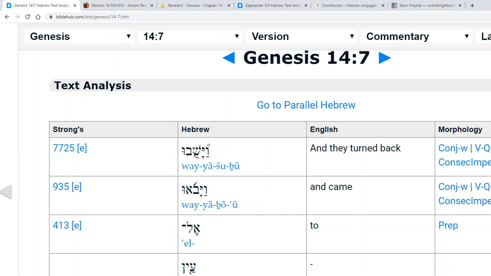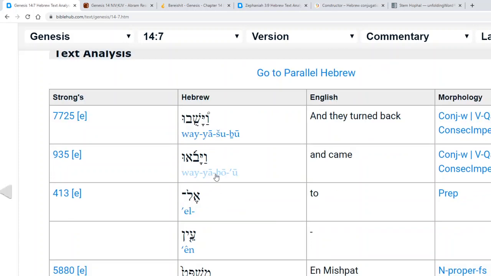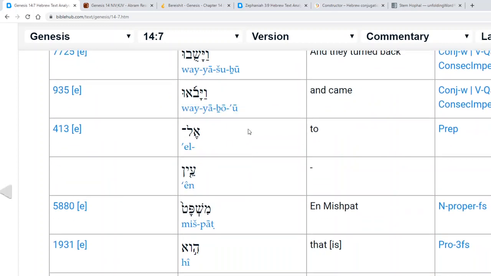So the root here, shin bet, means to turn back, right? It's written without a vav there, but the yud says it's imperfect. The vav at the beginning flips it, and they turned back and they went back. Veyavo. So again, root is bet aleph, right? We've had this before, and they came, right? Because it's being flipped by the vav.